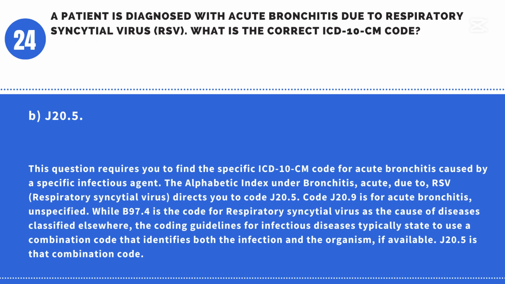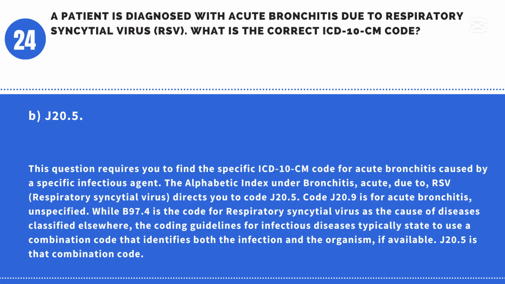Answer: B. J20.5. This question requires you to find the specific ICD-10-CM code for acute bronchitis caused by a specific infectious agent. The alphabetic index under bronchitis, acute, due to, RSV, respiratory syncytial virus, directs you to code J20.5.